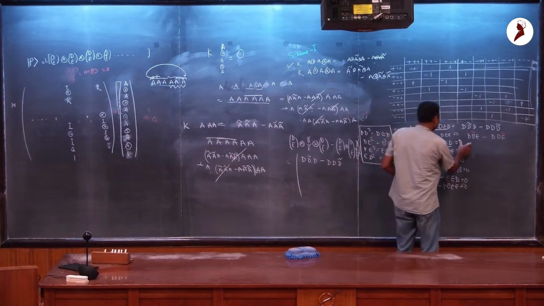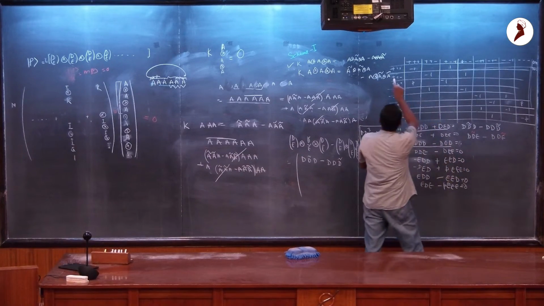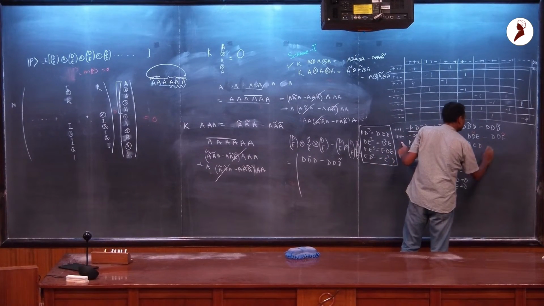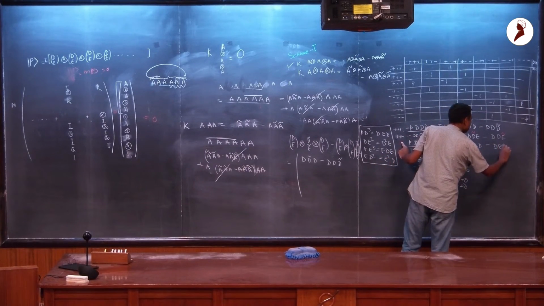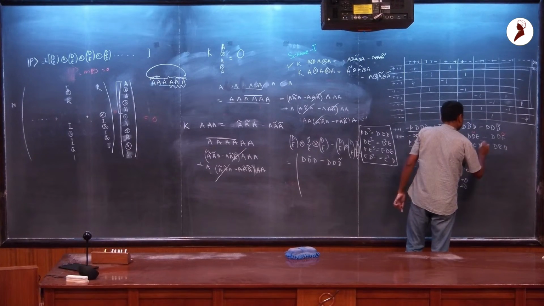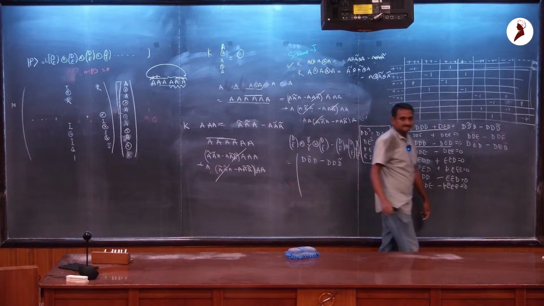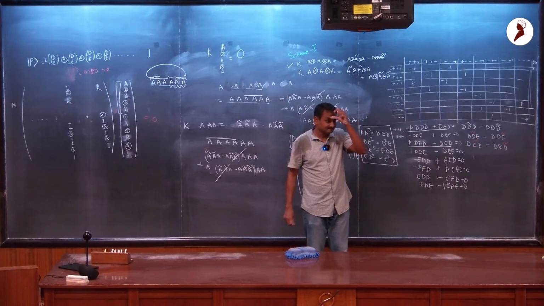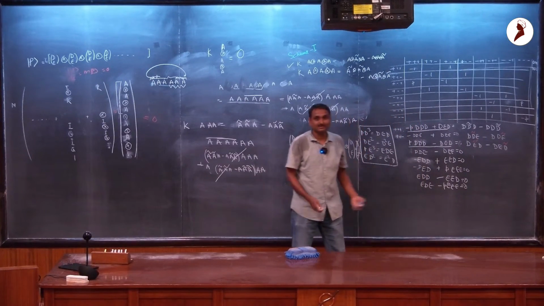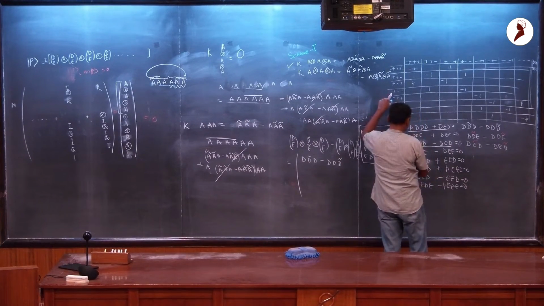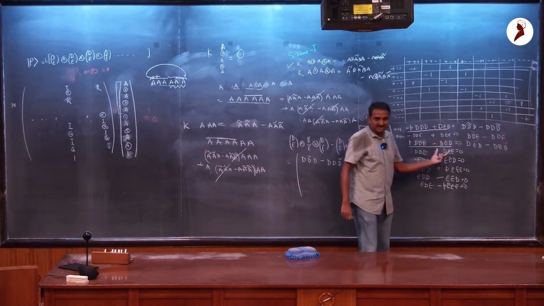And this one you are writing for third one, D E D. So this is D E D minus D E D. So this is D tilde, E tilde, and D tilde. Can you complete it now? So how do you know for what you are writing?